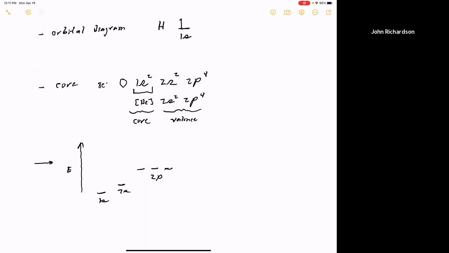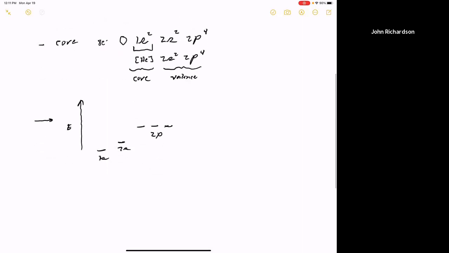And then what we said is we come back and we fill the electrons in as needed in this specific order. So we start with the 1s, we go to the 2s, and then finally we go to the 2p. And we talked about how we stick one electron into each 2p orbital and then come back and pair them as needed. Okay? But we didn't really go beyond that. So really what we need to know at this point is, well, what order do I fill the orbitals in?